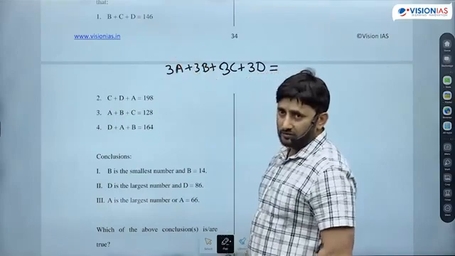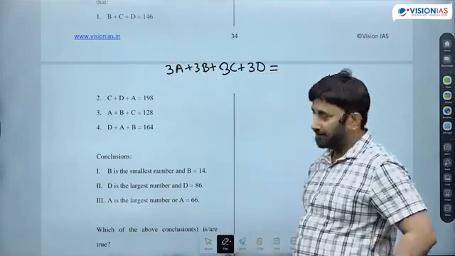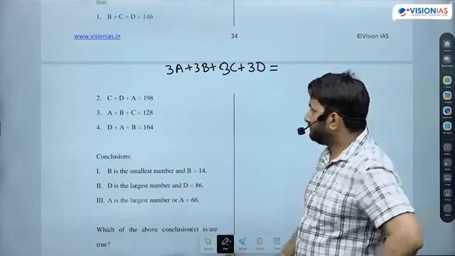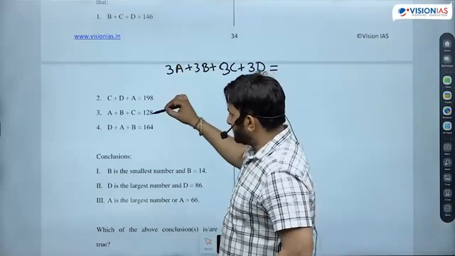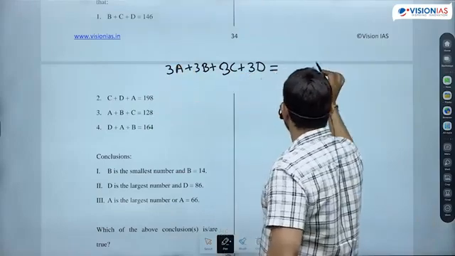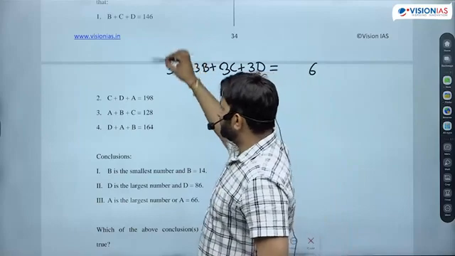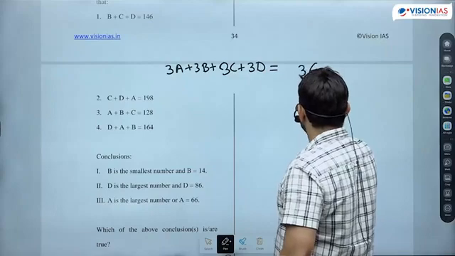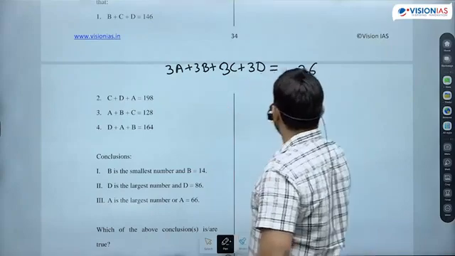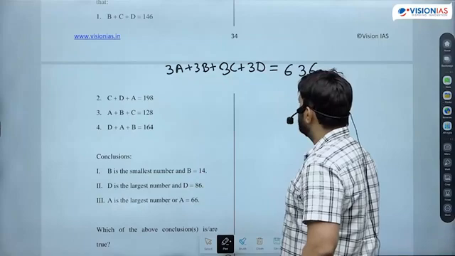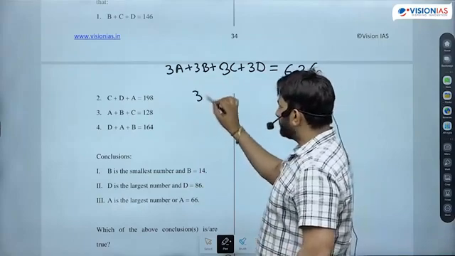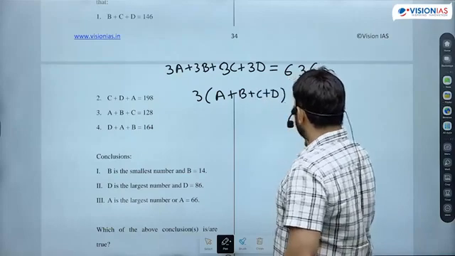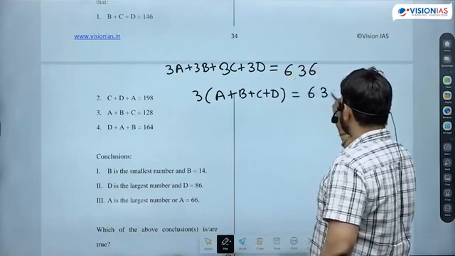Come on, add and tell me, what is the total value you are getting? 6 plus 8, 14 plus 8, 22 plus 4, 26. 2 is left. 2 plus 4, 6 plus 9, 15 plus 2, 17 plus 6, 23. 2 plus 4, 6. 3 can be taken common. 3 times A plus B plus C plus D is equal to 636.